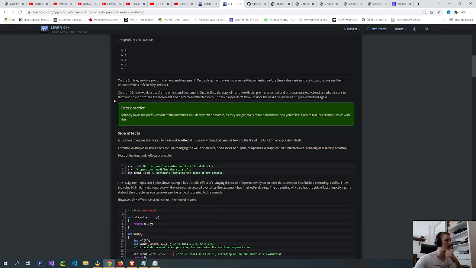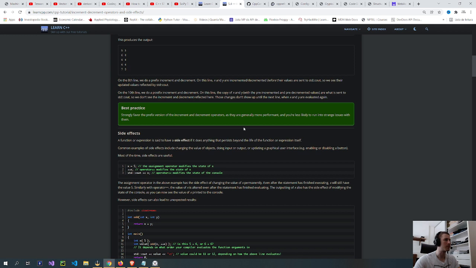So yeah, I get it. On the 8th line, we do prefix increment and decrement. On this line, x and y are incremented and decremented before the values are sent to standard out. So you see their updated values reflected by standard out. On the 10th line, we do a postfix increment and decrement. On this line, the copies of x and y with the pre-incremented, pre-decremented values are sent to standard out.